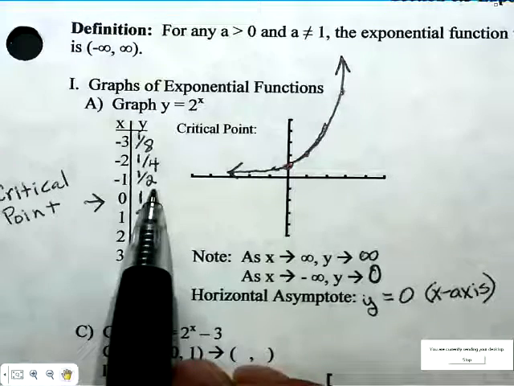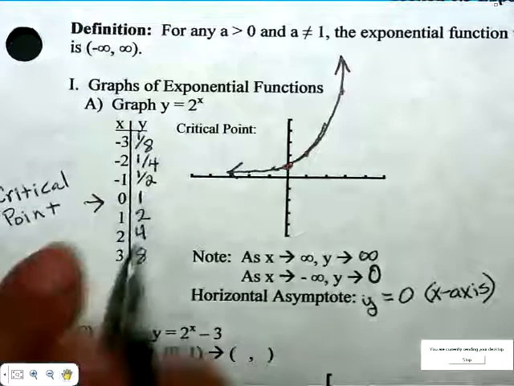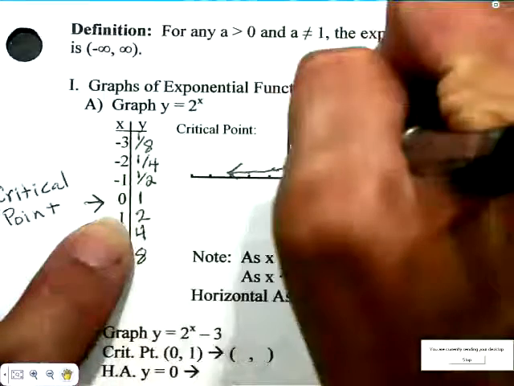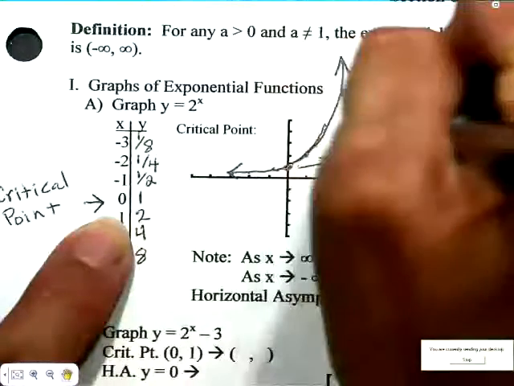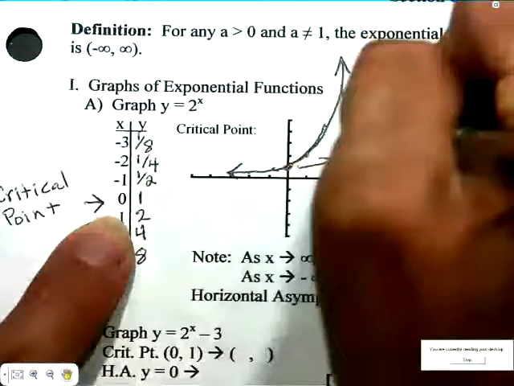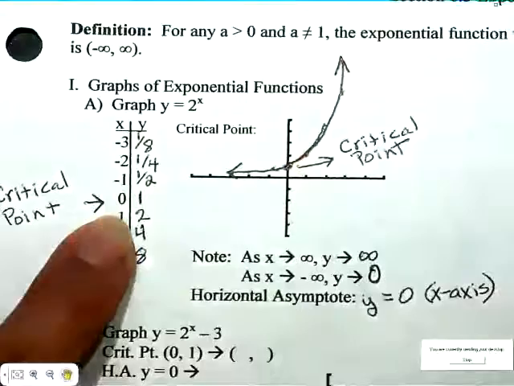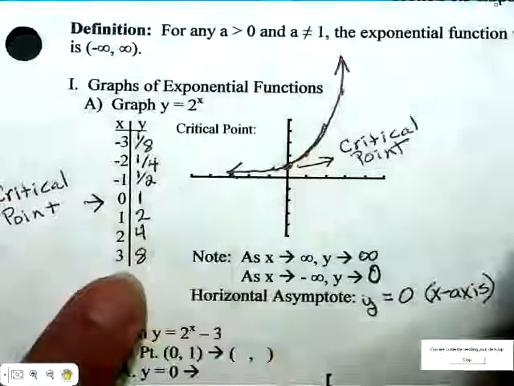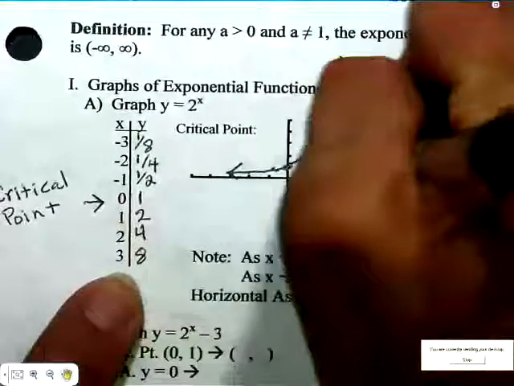All right. One other note about this graph. This point 0, 1. There's two reasons that I called it a critical point. I forgot that I typed that. I already had that typed for you. The critical point is 0, 1 for two reasons.